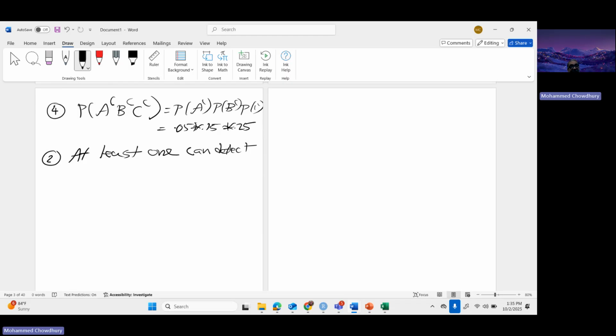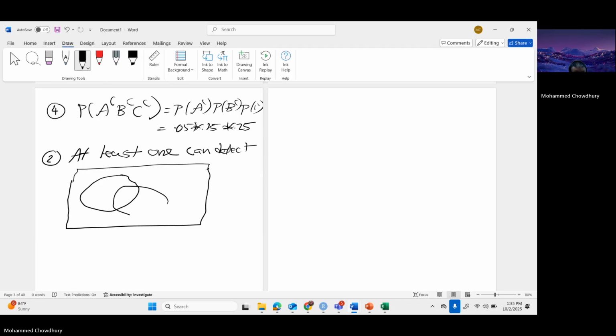Okay. First one, take a look. If I want to do these things in this format, this is the unit A, this is the unit B, this is C. And this area is a common area for all of them.